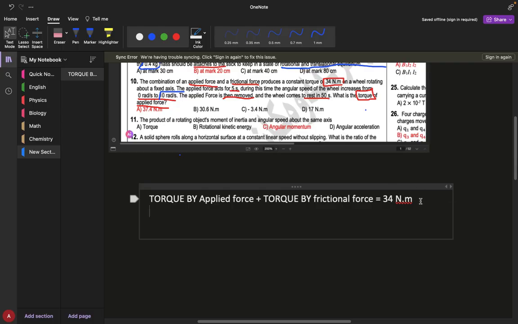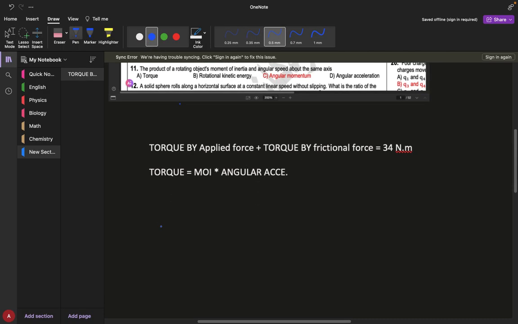Now, what I want you to do is write torque equals moment of inertia times angular acceleration. Let me just draw it, guys.